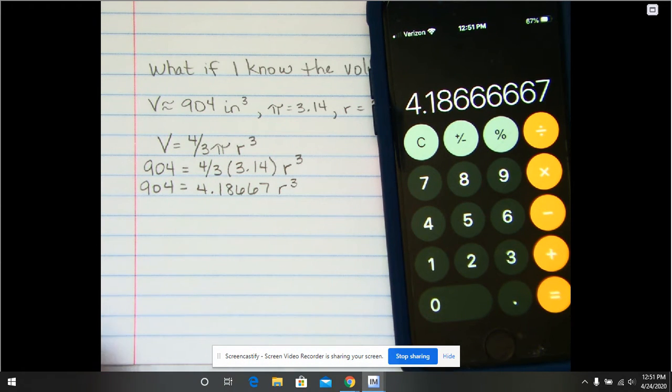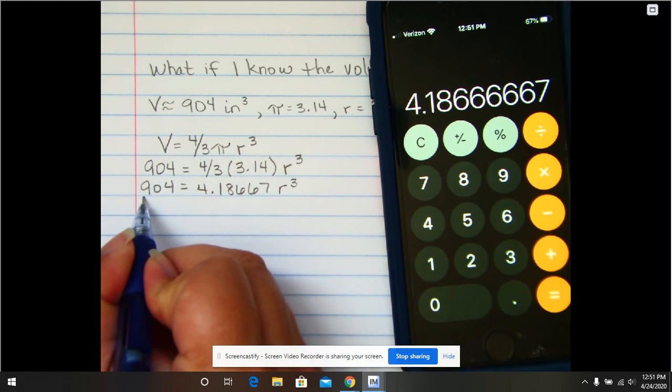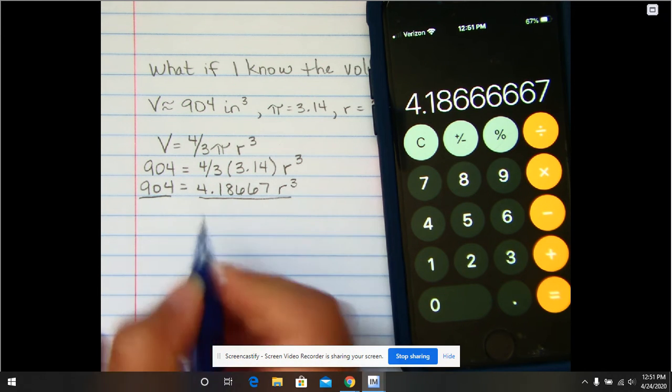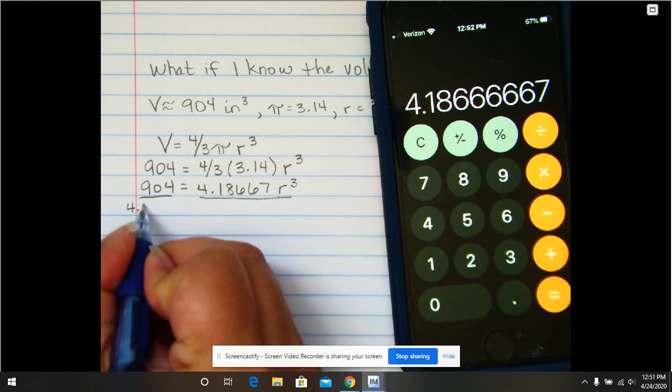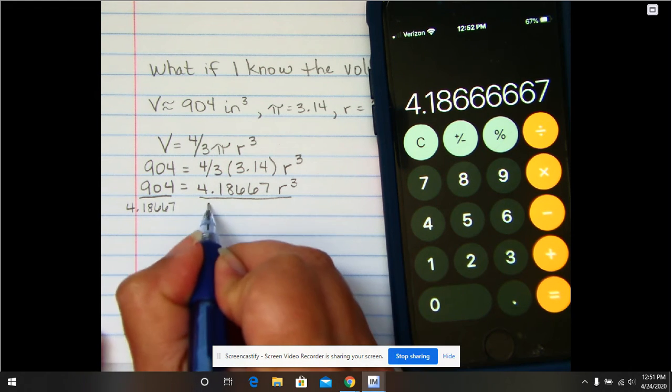Radius cubed. Still don't know what the radius is. Well, in order to get radius isolated, I'm going to have to divide both sides of this equation by 4.18667.